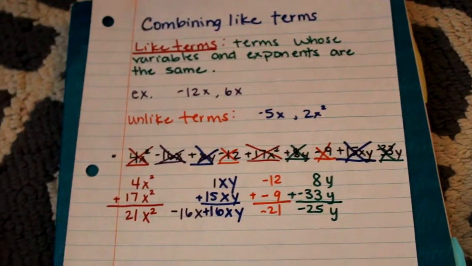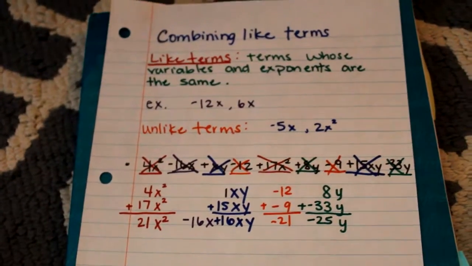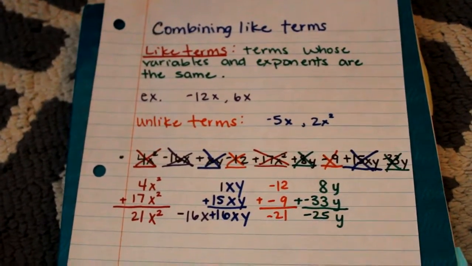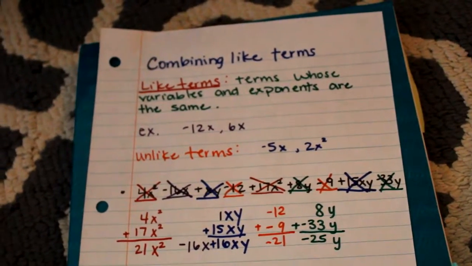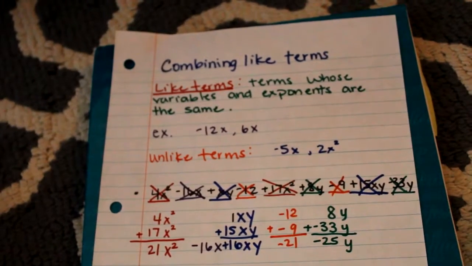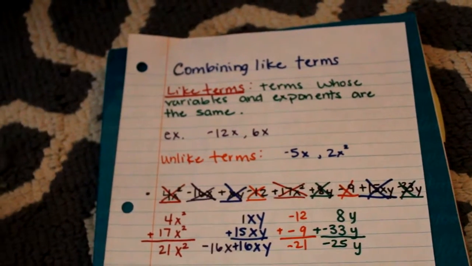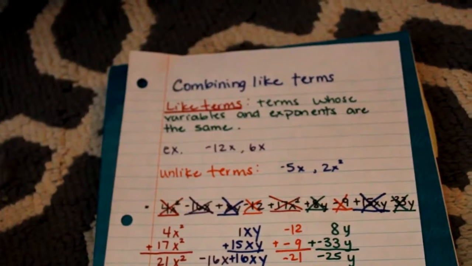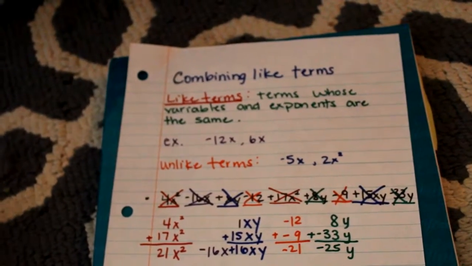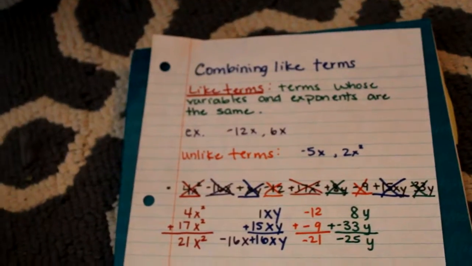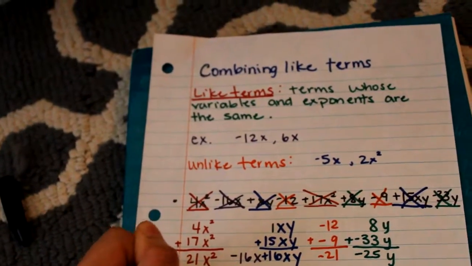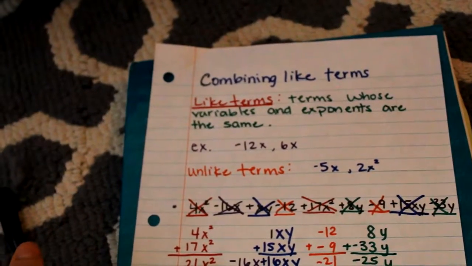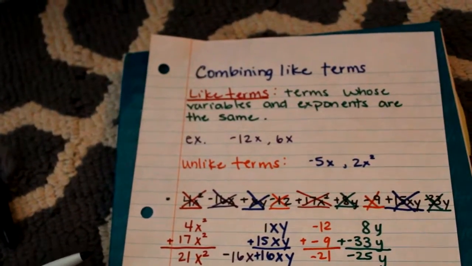So then what you do is make sure your terms are in standard form. That means you want them in alphabetical order from your variables, and in order from greatest to least on the exponents. So that would be 21x squared because that x squared has the highest exponent.